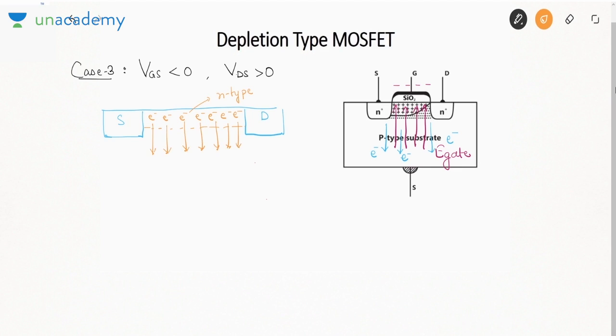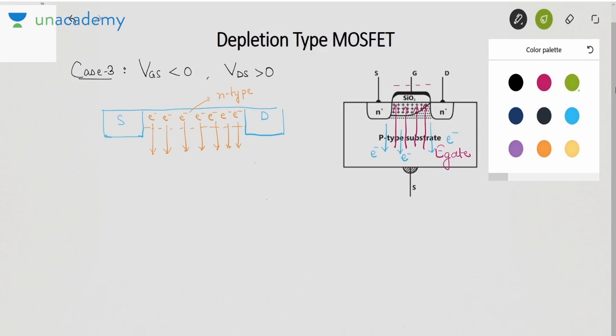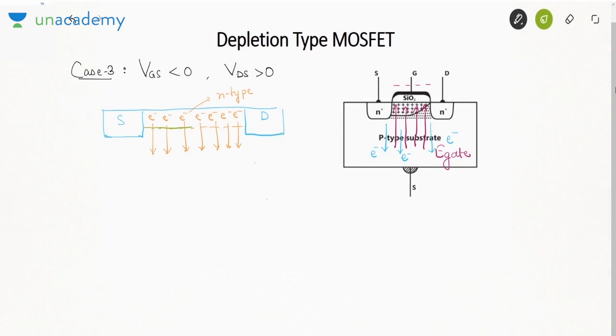If these electrons are being pushed downwards, this channel will start to vanish and this channel will become like this. Here the channel vanishes. Channel means the path of current flow. But due to the voltage applied at the gate terminal, we are removing the electrons from the channel and the channel is getting vanished. Now one question that may be coming to your mind is, why I have removed the channel from the drain side only and not from the source side?